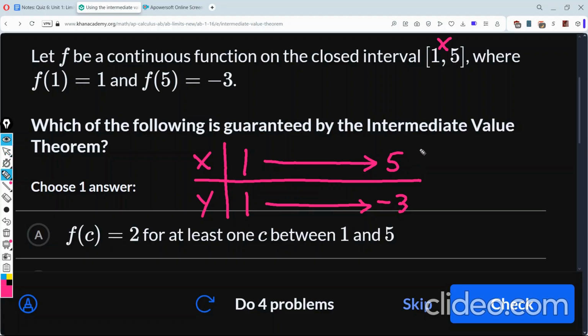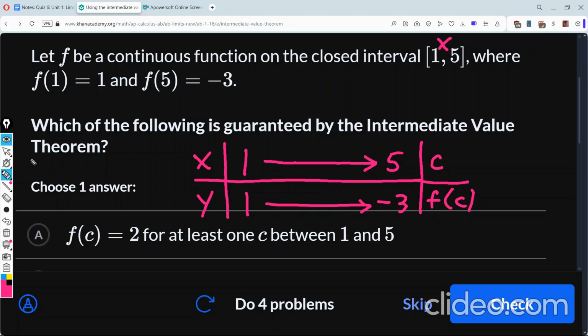And if you're plugging c into the f function, that means c is going to be your x coordinate.